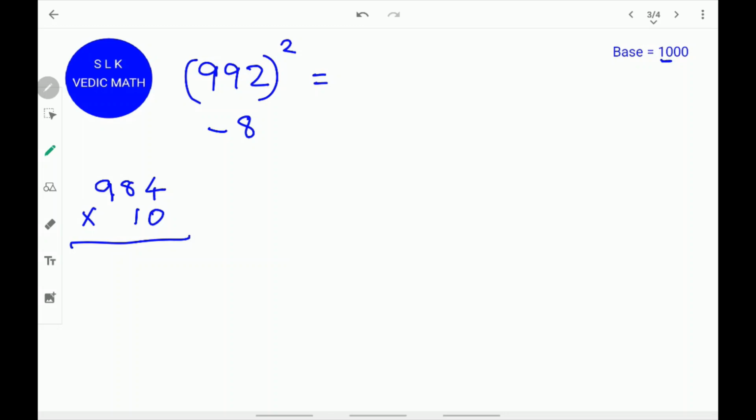So, 984 times 10 is 9840. 2 more digits to go, because when you square a number between 317 to 999, it's always a 6-digit number, the answer. So, square the difference 8. 8 square is 64. So, write down 64.